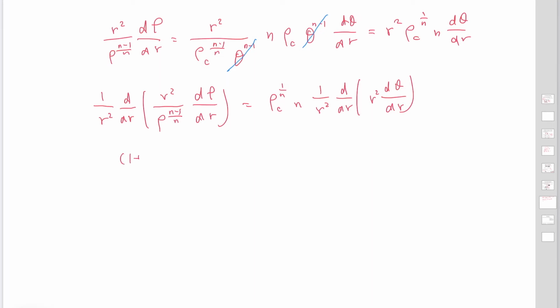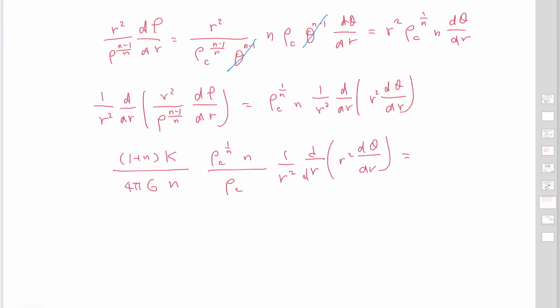Then back in the original equation, it's 1 plus n k over 4 pi g n rho sub c to the 1 over n, n over rho sub c to the 1 over n, 1 over r squared, d dr, r squared d theta dr, equal to minus theta to the n. Then n is going to be cancelled out.